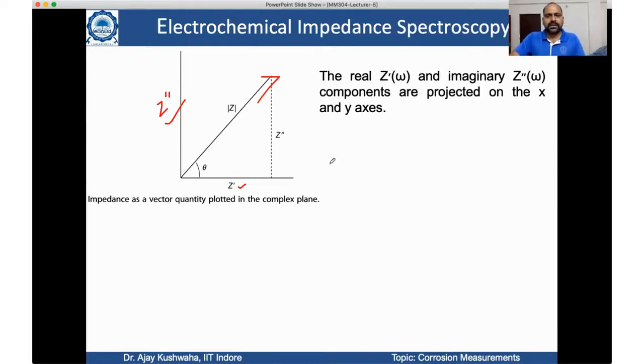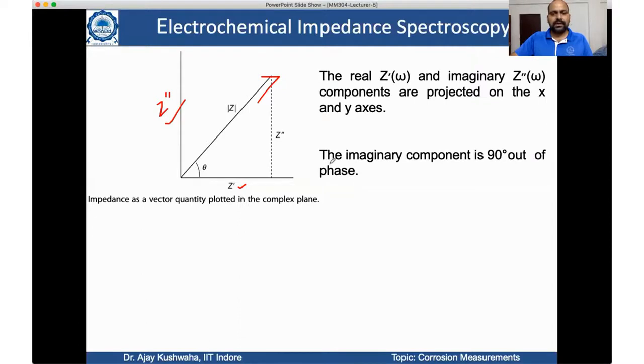So the real Z'(omega) and imaginary Z''(omega) components are projected on the x and y axis. The imaginary component is 90 degrees out of phase, and Z can be written as Z' plus Z'' j, where mod of Z can be calculated as the square root of Z' squared plus Z'' squared.